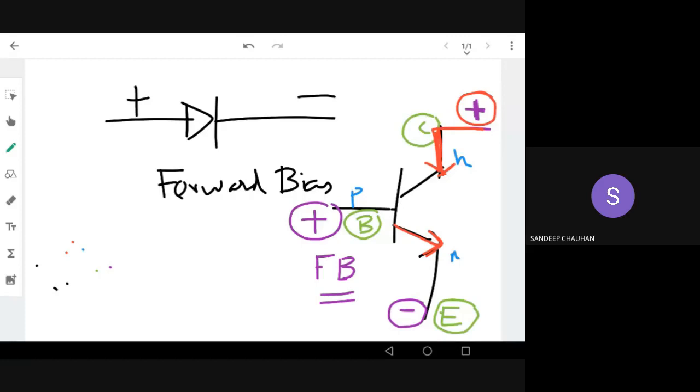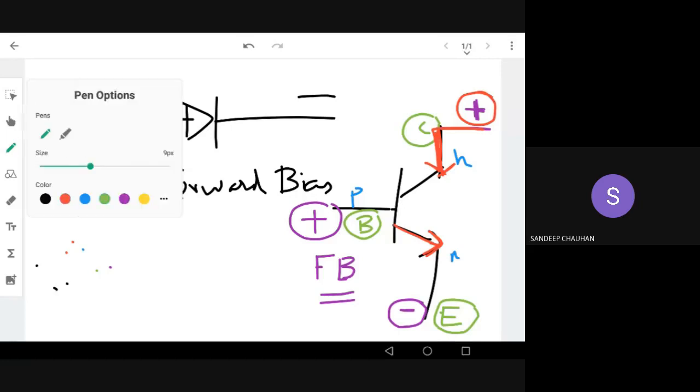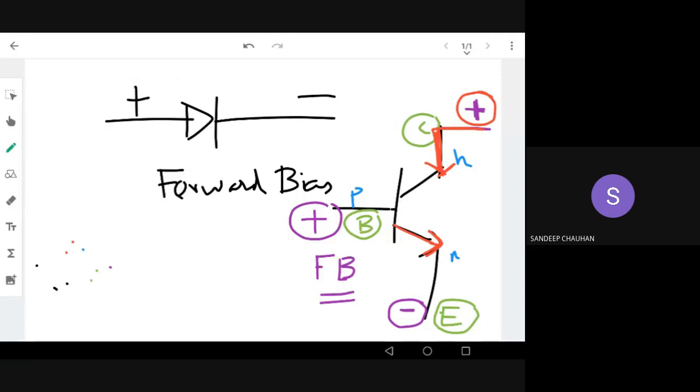Definitely we can see the collector is now at a positive, high voltage, but the emitter is at a slightly lower voltage than the base region. And in order to push some charge, the collector voltage should be a bit greater, or at least equal to the base region. So what kind of bias is here?